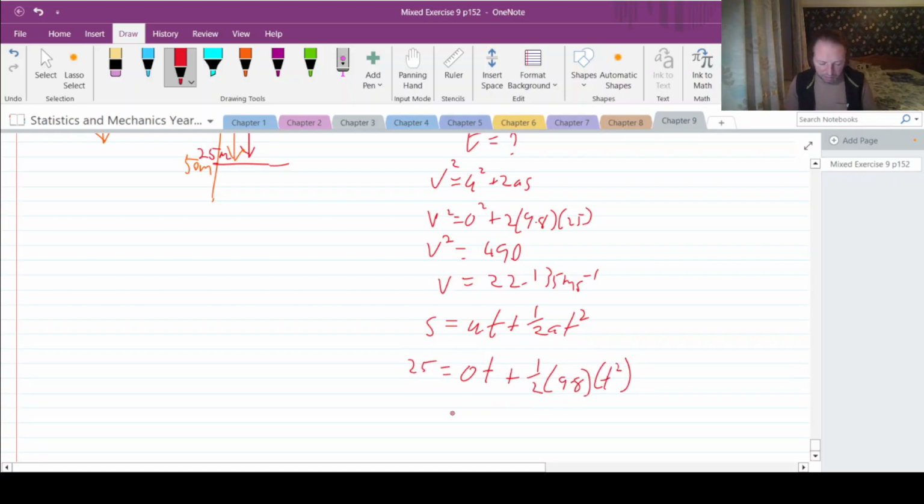So 25 divided by a half divided by 9.8 gives us 5.10, which is equal to t squared.